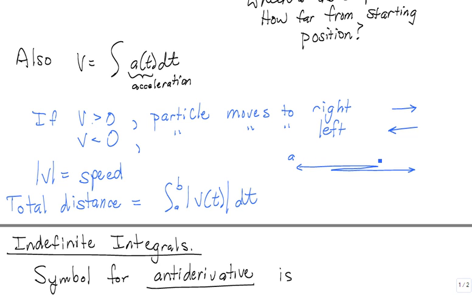So it goes from A to C to D to B. Say it starts at A, it's going to the right, then it goes to the left, and then it goes to the right. So it goes right, left, right. So this is going to be the integral from A to C of velocity, which is positive here, then in there it's negative, and then here it's positive again.